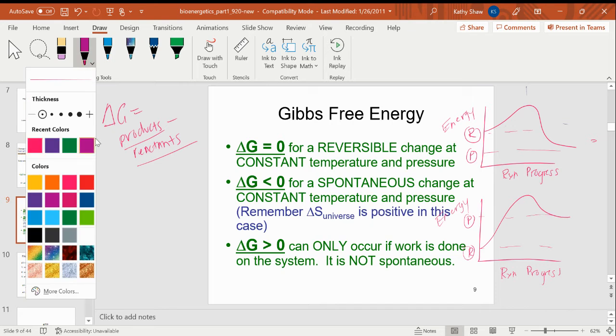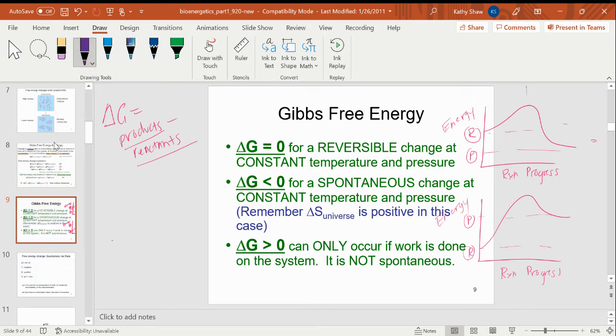We had a couple of graphs when we were doing enzymes. We had energy on the y-axis and reaction progress on the x-axis. So as I go along the x-axis, my reactants are becoming the products.